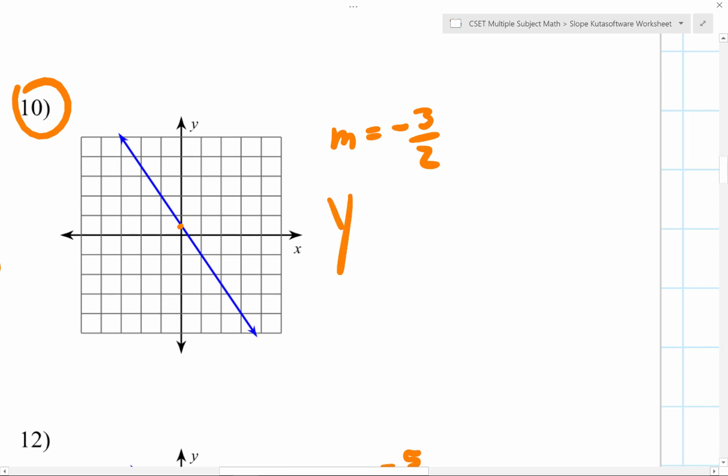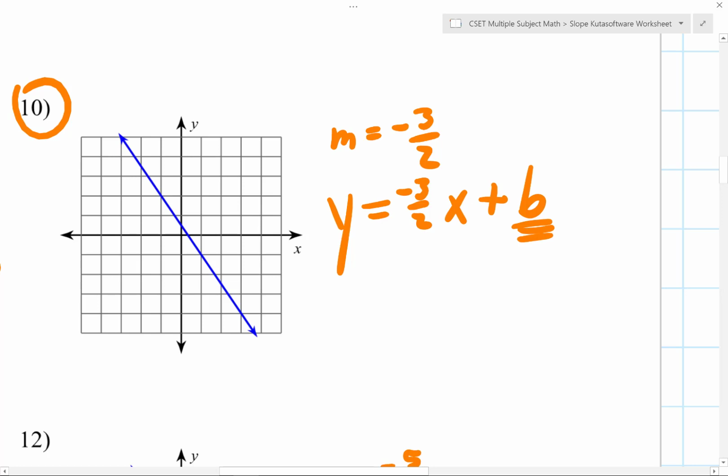So normally you have y equals mx plus b, and we don't know what the b is. Bummer. But we do know that m should be negative 3/2. Now any single point on this line should make it true, so I'm going to pick my favorite point, plug it in, and figure out what b is.